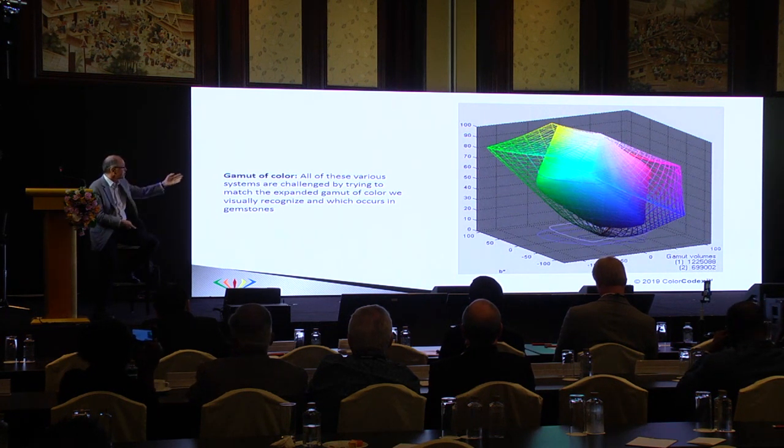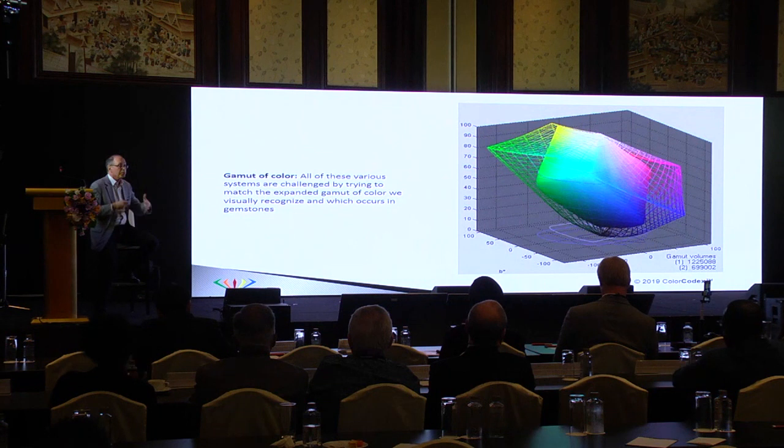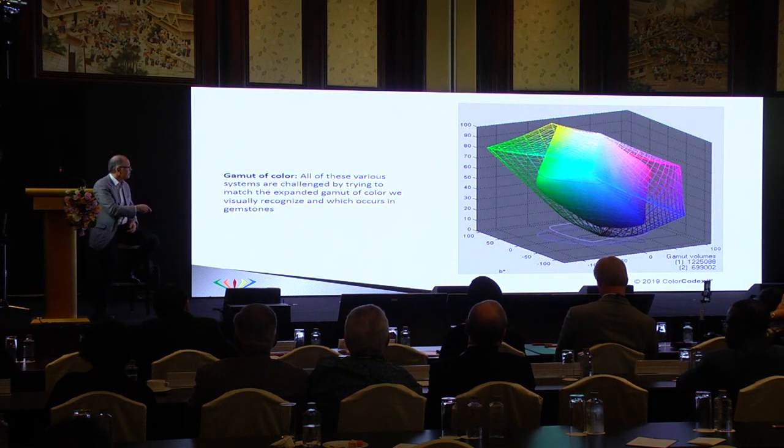This is a very simplified diagram, and this is the area of color that we're able to reproduce, whether through printing or on computer screens. But from the eye's ability to perceive color, the gamut of color is much, much larger.